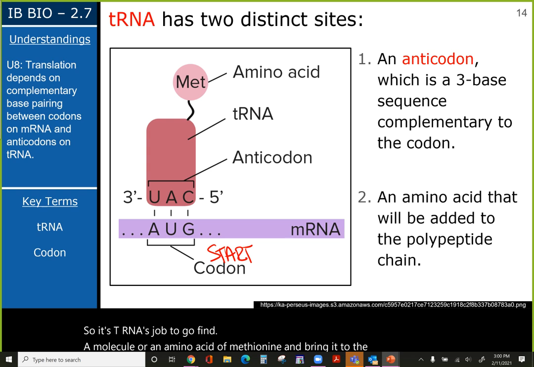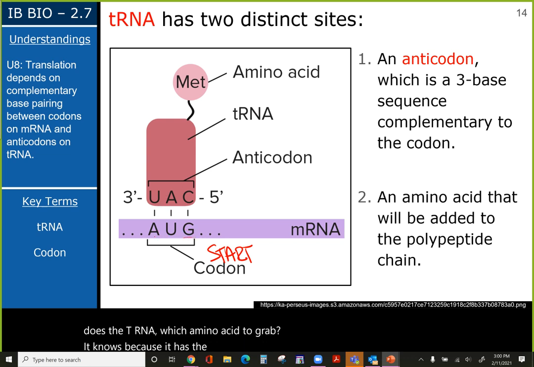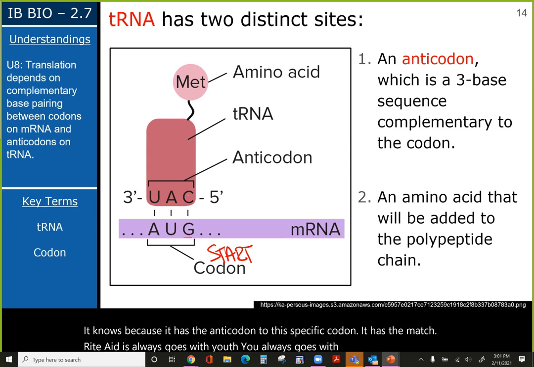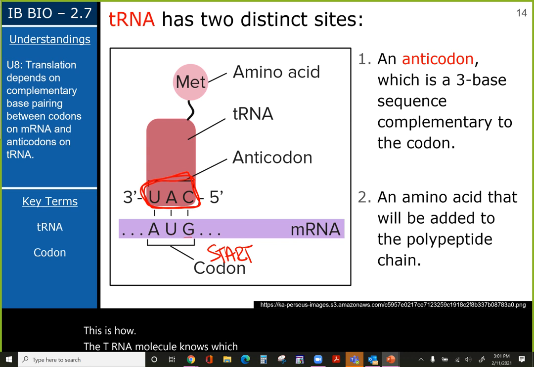Well, how does the tRNA molecule know which amino acid to grab? It knows because it has the anticodon to this specific codon. It has the match, right? A always goes with U, U always goes with A, G always goes with C. This is how the tRNA molecule knows which amino acid to go get.